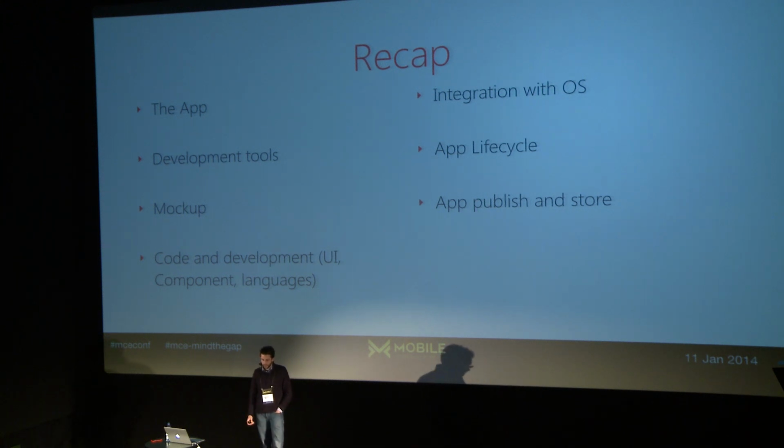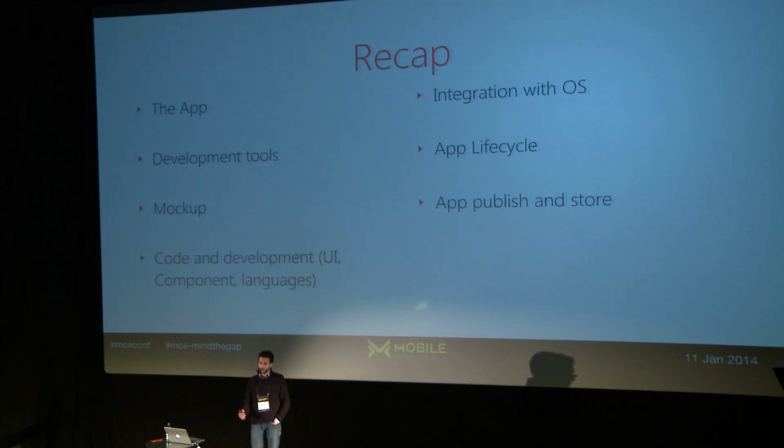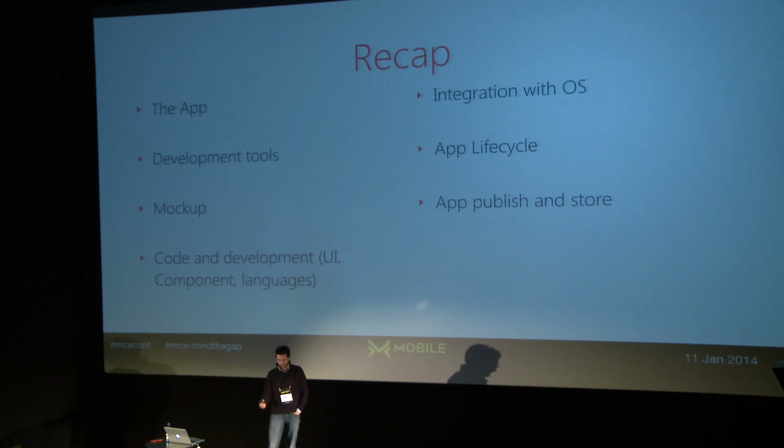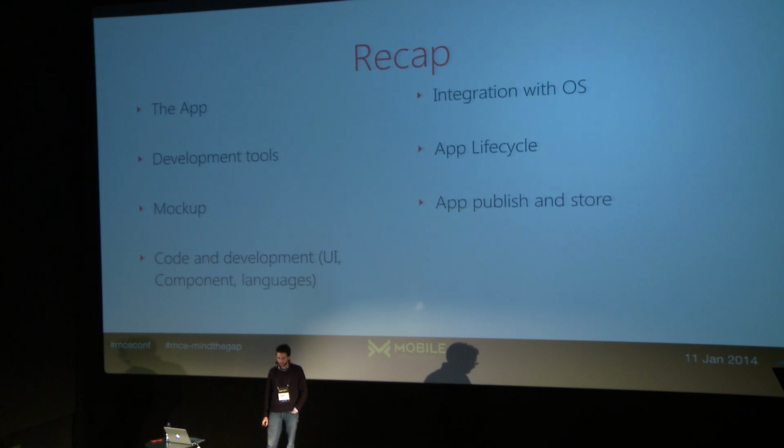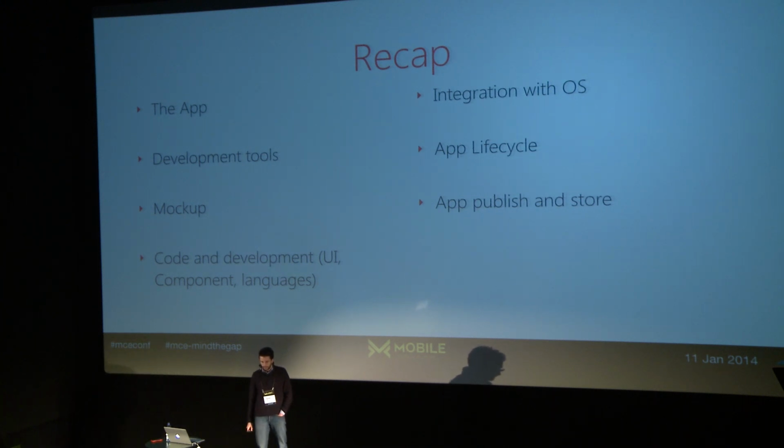After that, we have seen how we can better integrate our application in the environment, and we have seen that we can rely on tasks. So if you want to integrate your application, you can use the tasks from the operating system. Then we saw the app lifecycle and how it is being managed in Windows Phone and how you can deal with it. And then finally we saw the difference between publishing the application in Windows Phone Store or in Google Play.